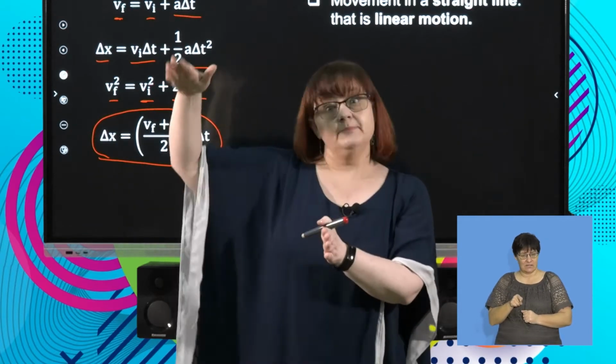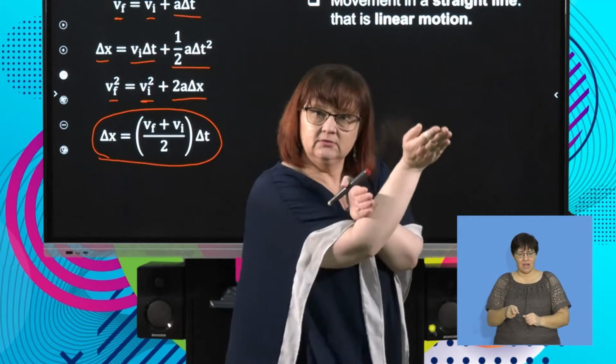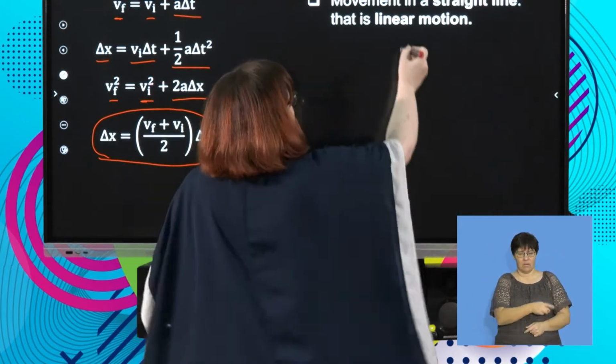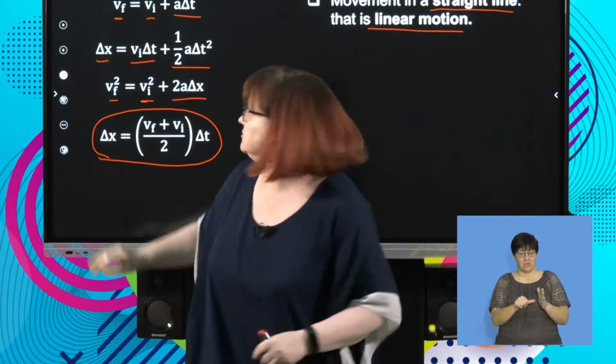Here, we're going to be very tempted to use an equation of motion. And you know what? You'll get the right answer. But this is circular. It's not straight. Linear means straight line, okay? Linear means straight line. Very, very important.